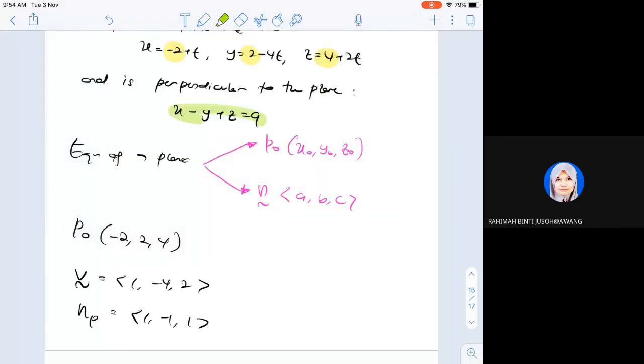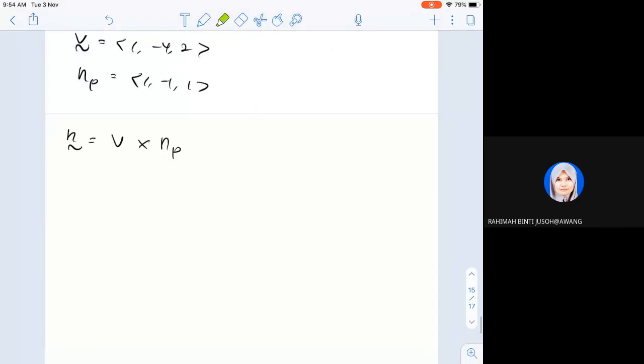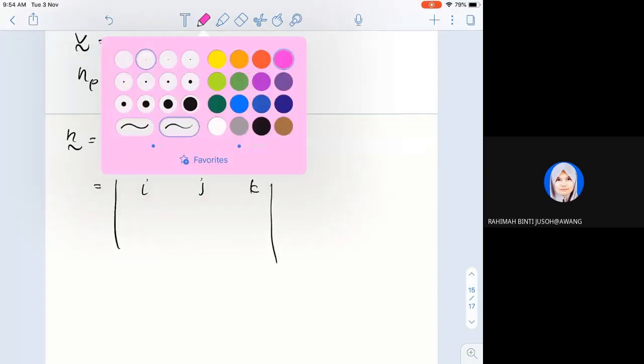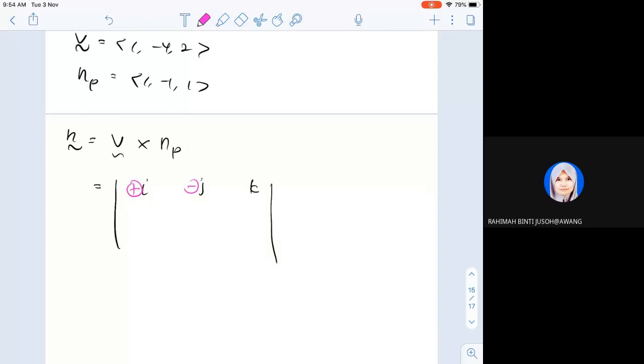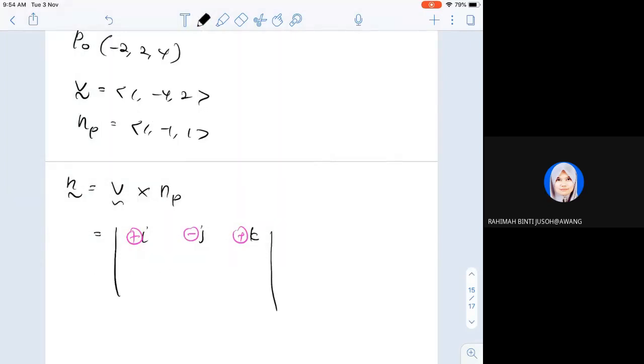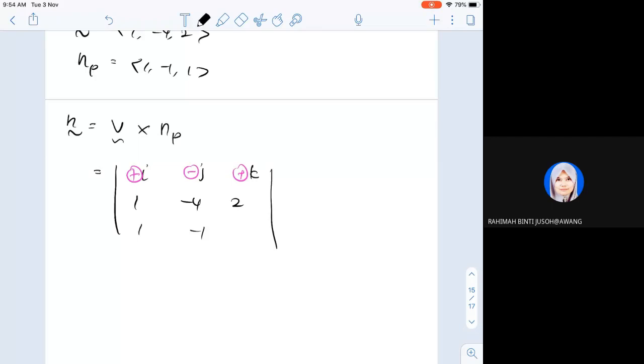So that's why we need to find the cross product, I, J, K. Again, don't forget this plus, minus, plus. So V is 1, negative 4, 2, and then 1, negative 1, 1.